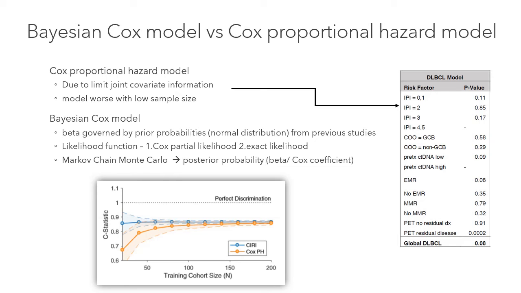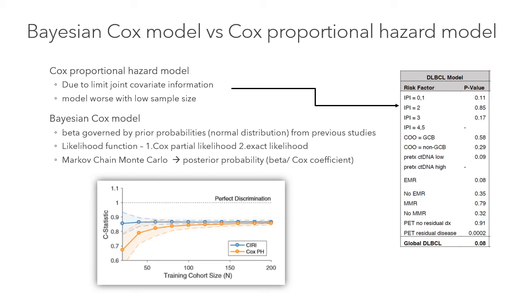And the function is not convex, so they need to use a stochastic method that can estimate the near truth as much as they can. So they use Markov chain Monte Carlo to calculate the posterior probability. That is the beta, or Cox coefficient.